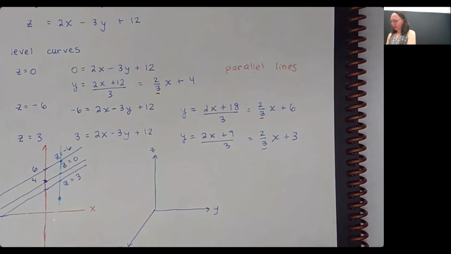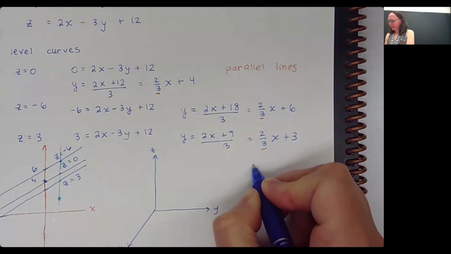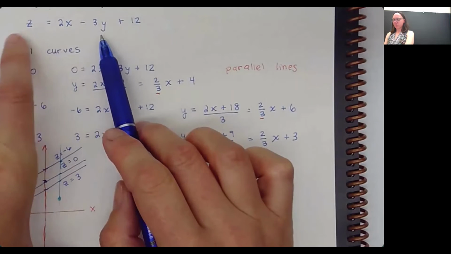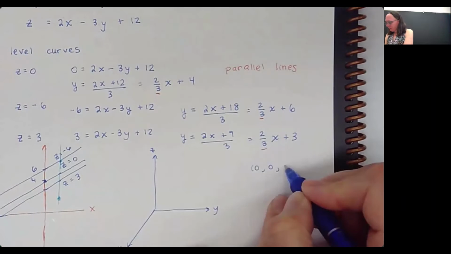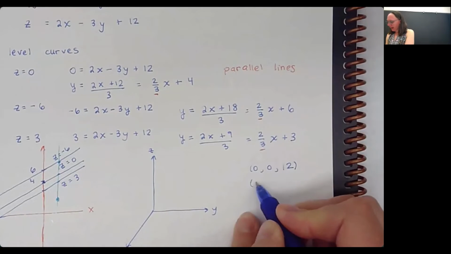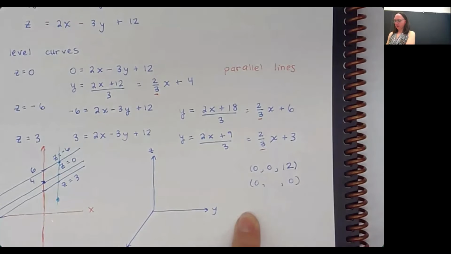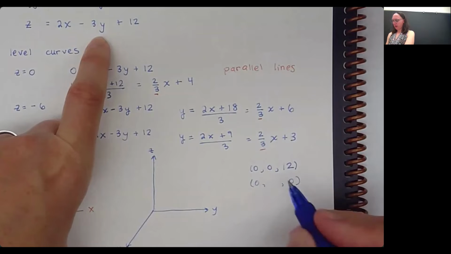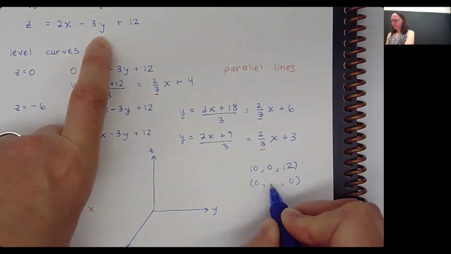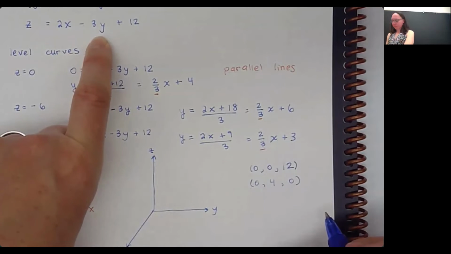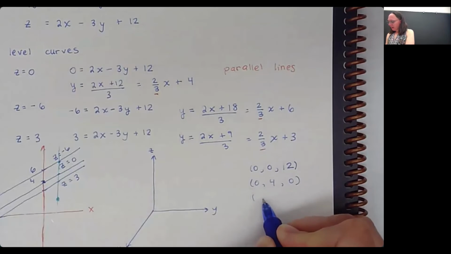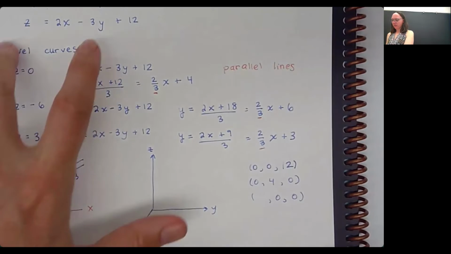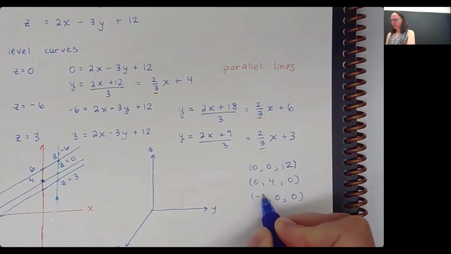If I let x and y both be 0 in the original equation, then z should be 12. If I let x and z both be 0, then y should be 4. And if I let y and z both be 0, then x would have to be -6.